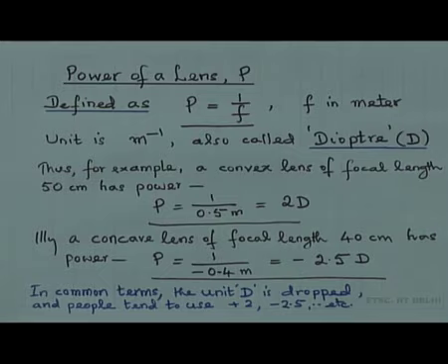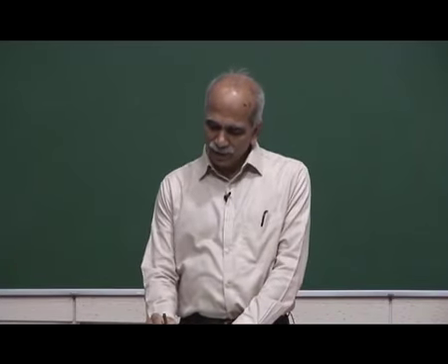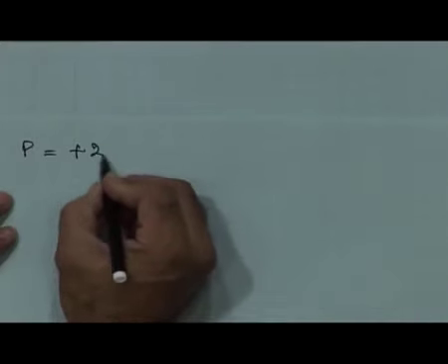Someone says that I am wearing a spectacle of power plus 2. So, a power plus 2, what does that mean? So, my spectacle lens has a power P is equal to plus 2.